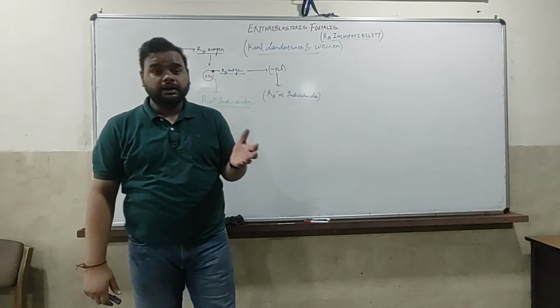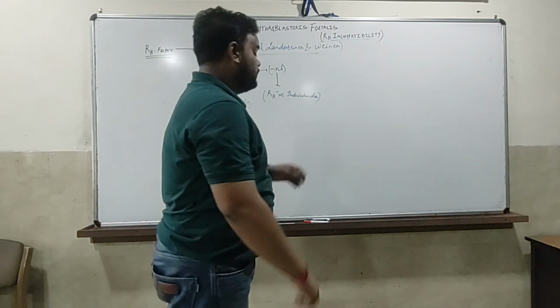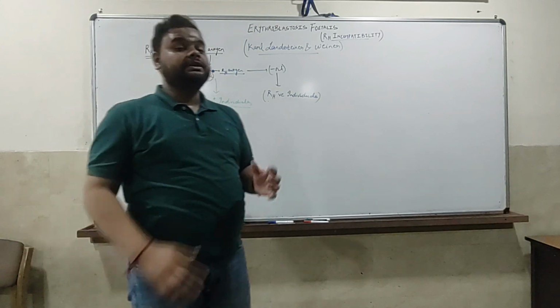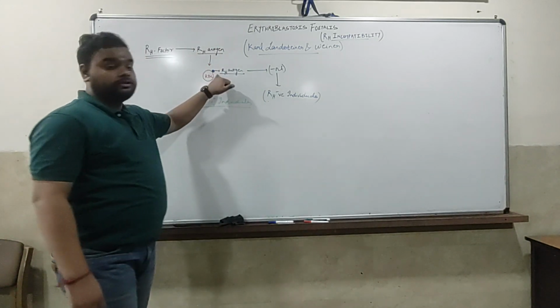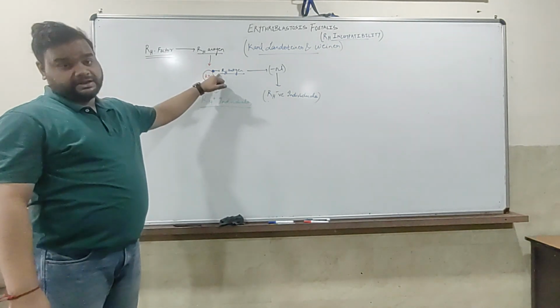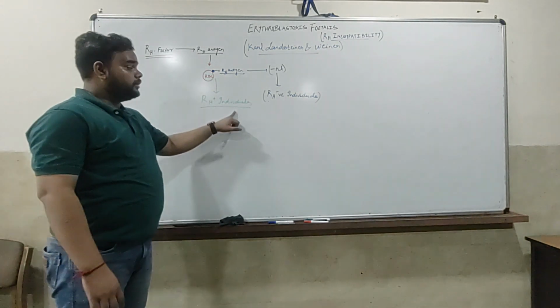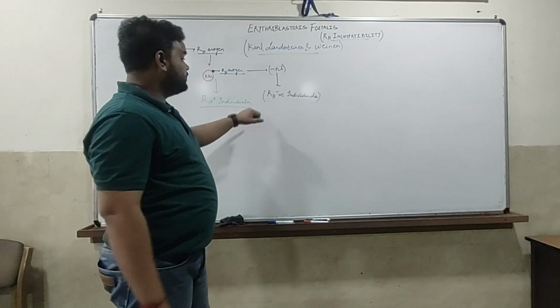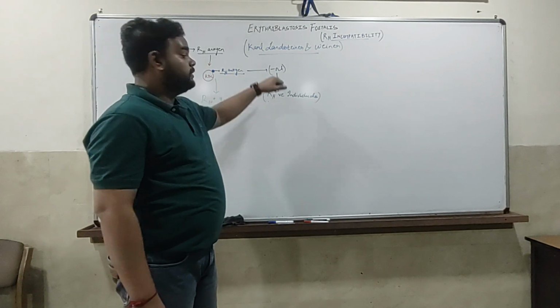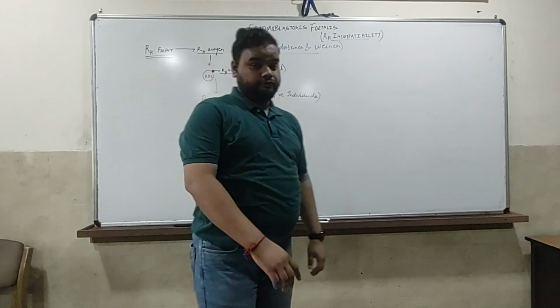Now what we have learned till now is that the RH factor is nothing but the presence of the RH antigen on the surface of the RBC, and the individuals who have this RH antigen in their blood group are called RH positive individuals, and the individuals who do not have this RH antigen are called RH negative individuals.